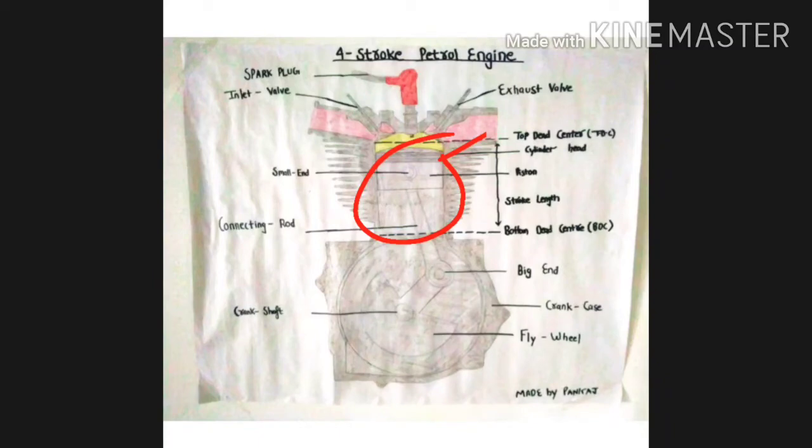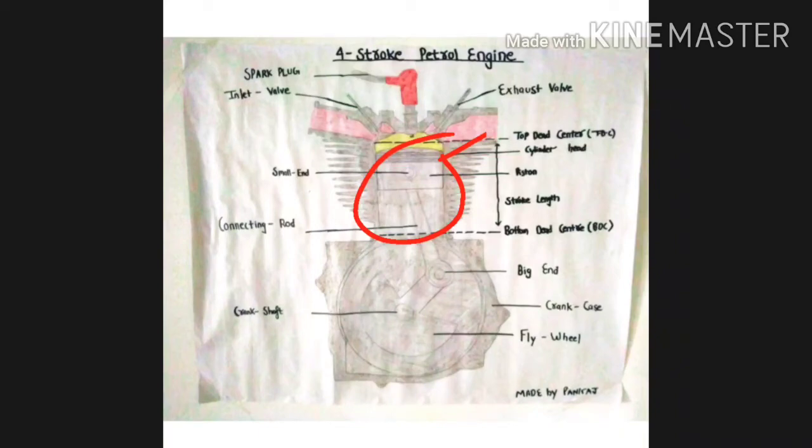We discuss the crankshaft, connecting rod, big end. Now we talk about the crankcase. The crankcase is the medium which supports the crankshaft, and it is the medium in which the crankshaft is situated. So it plays a very vital role.